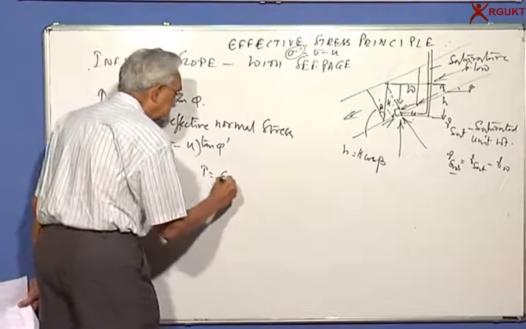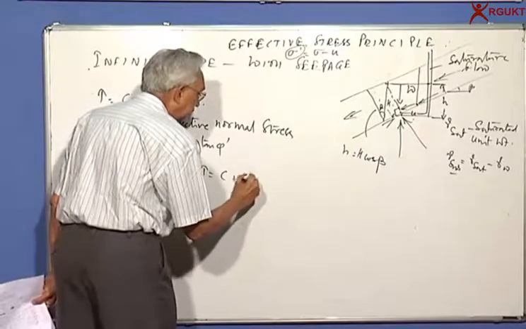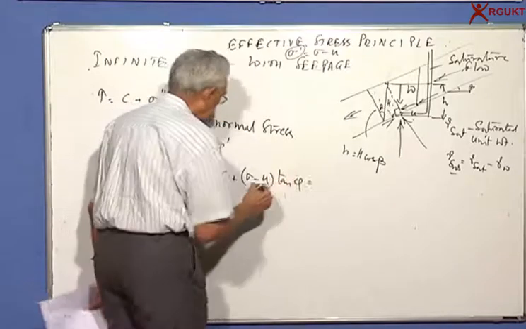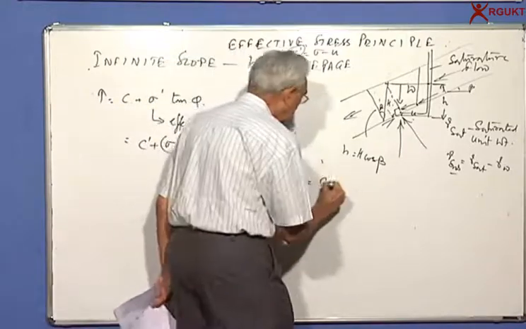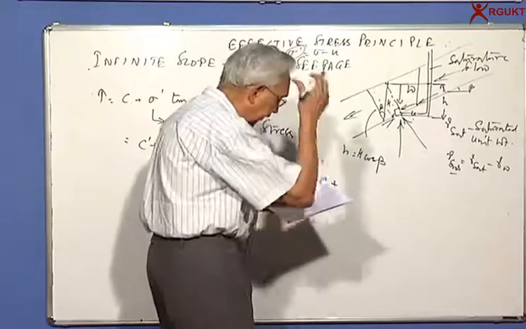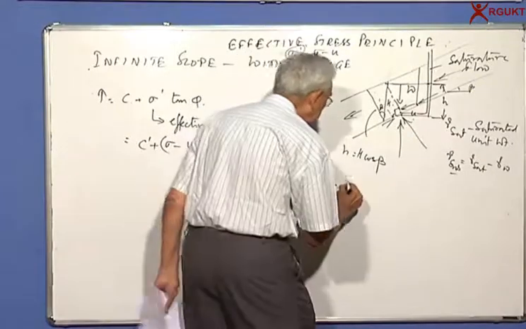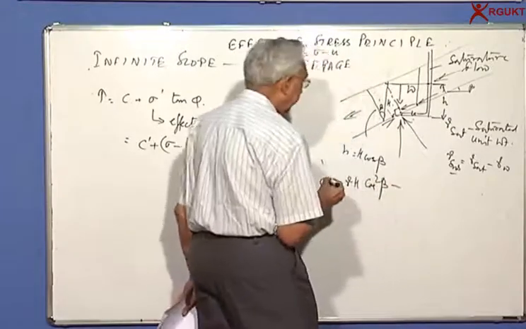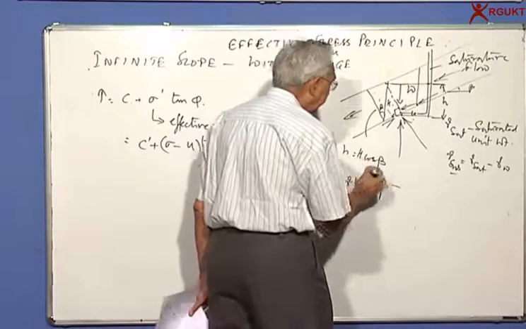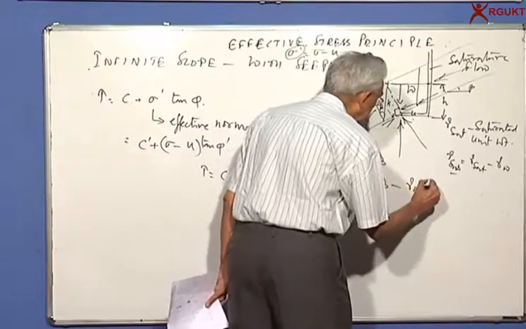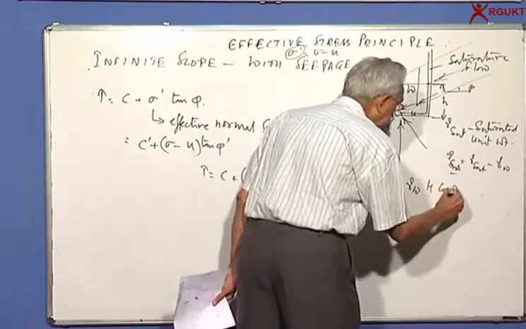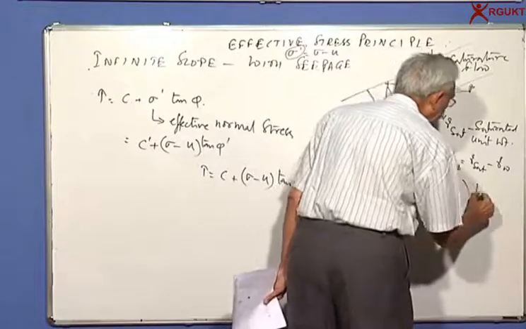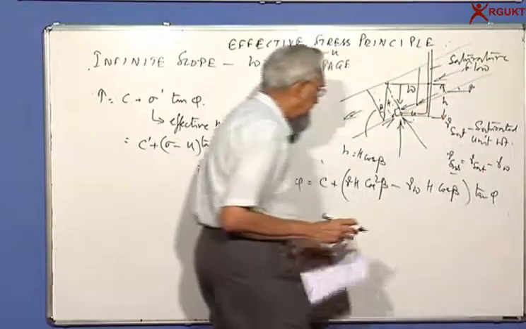Tau is equal to C plus sigma minus u tan phi, which is equal to C plus, we said sigma is equal to gamma h cos square beta, minus this height, so this is gamma w into h cos beta, the whole thing multiplied by tan phi is the strength mobilized.